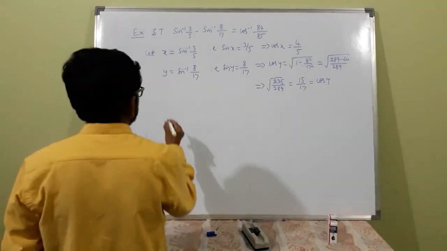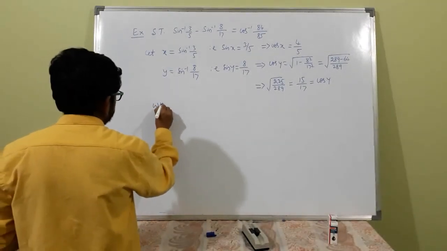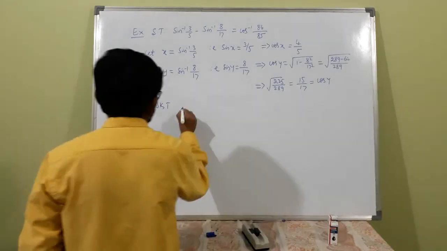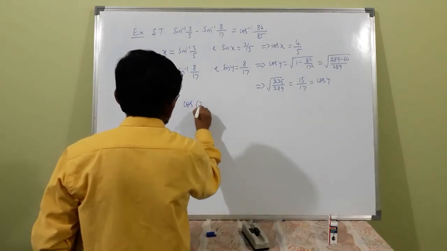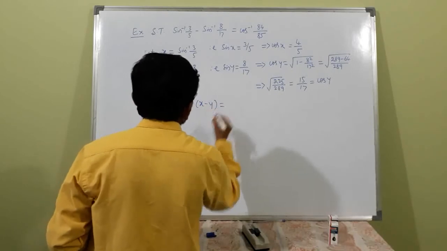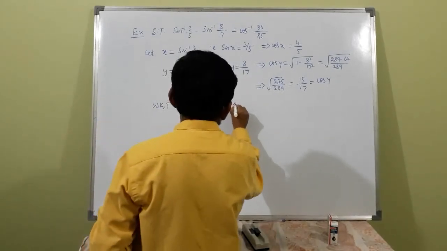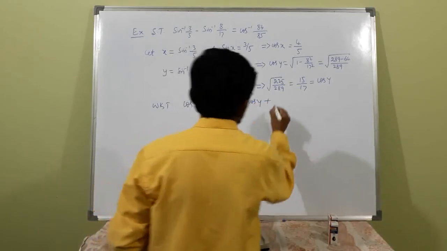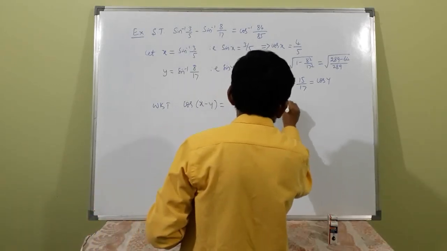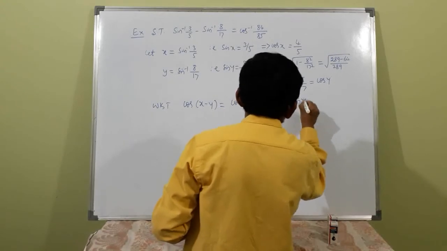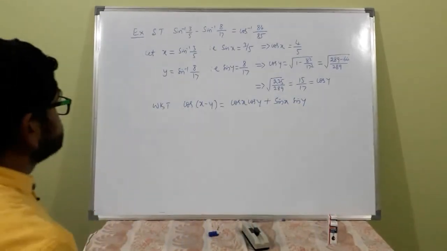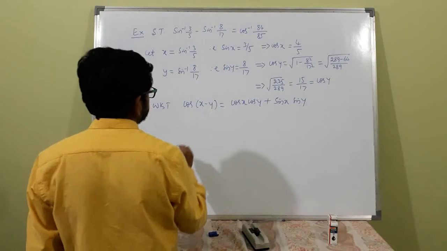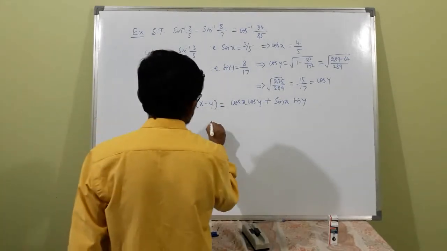Now we know that cos of x minus y is equal to cos x cos y plus sin x sin y.